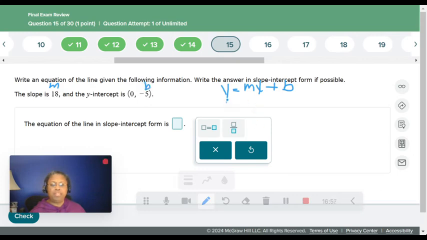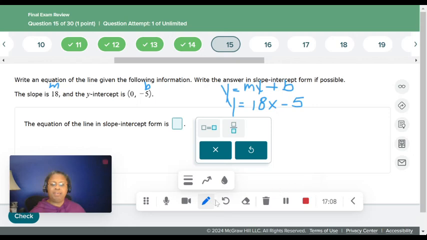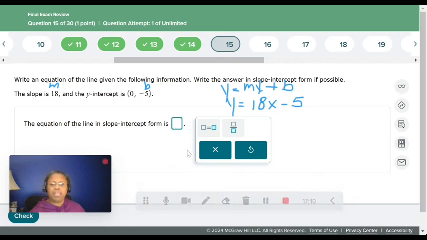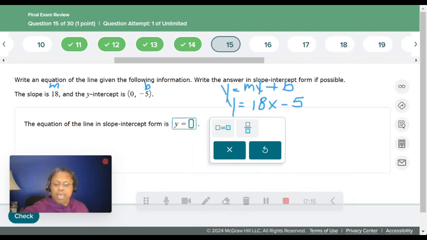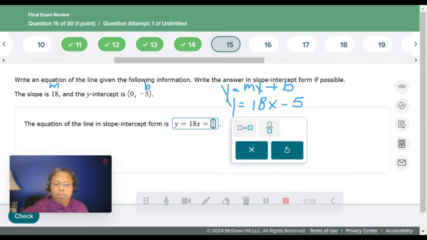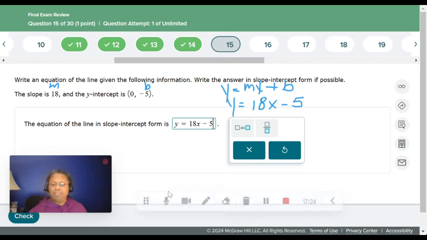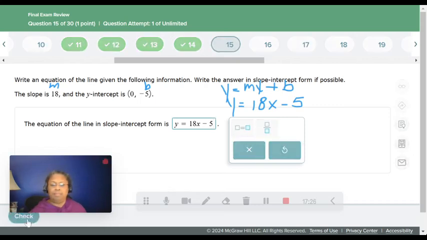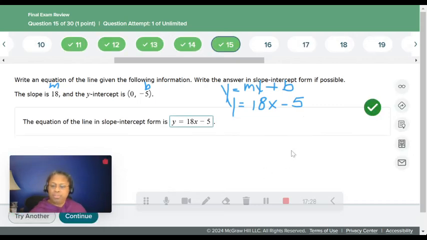So we would write this as y equals 18x minus 5. Okay, so let's input that here and we will have y equals 18x. Uh-oh, did I push the wrong key? I did. Minus 5. That concludes part 3.